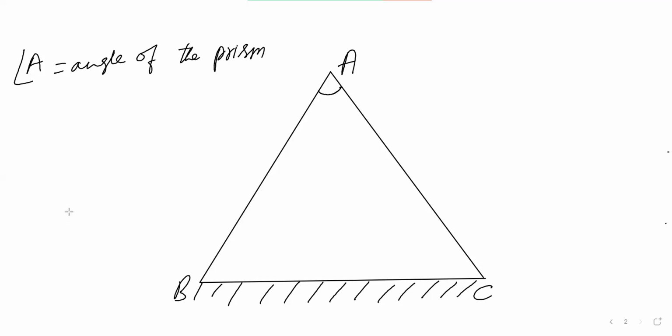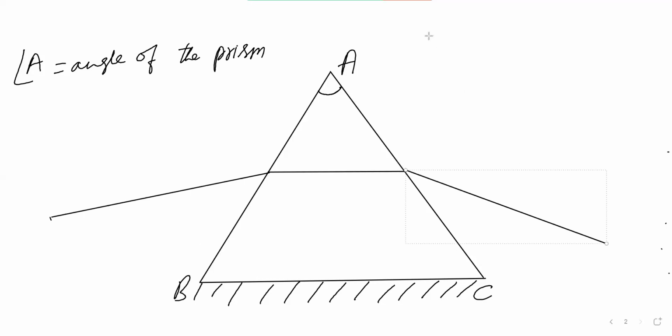Now what will I take? Let us take a source of light. Okay, from the source of light, incident light, refracted light, emergent, right?